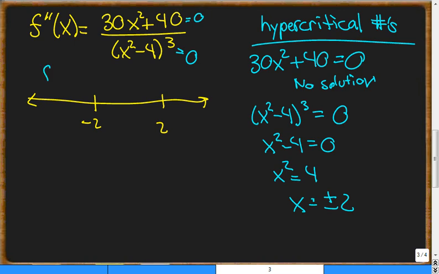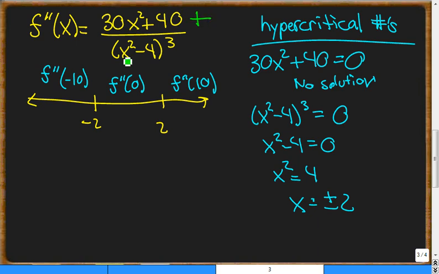So we're going to do f double prime of, I don't know, negative 10, and f double prime of 0, and f double prime of 10, and figure out is it positive or negative. What's going to happen here? So if we plug in negative 10, our numerator over here is going to be positive because it's always positive.